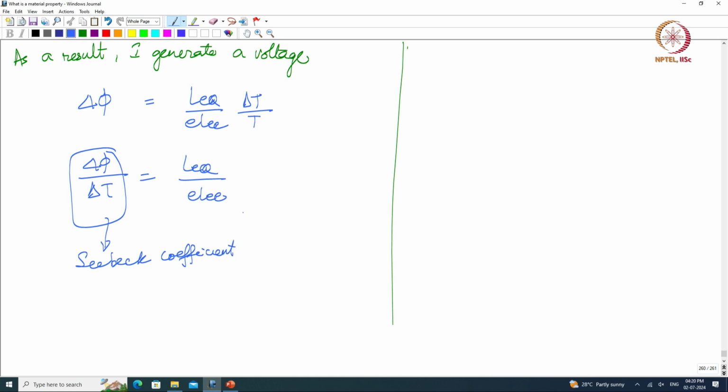Depending on the charge carriers that I have, here comes the sign of the charge carrier. For electrons it is coming out as plus E, but for holes or some other form of charge carriers the sign will change.